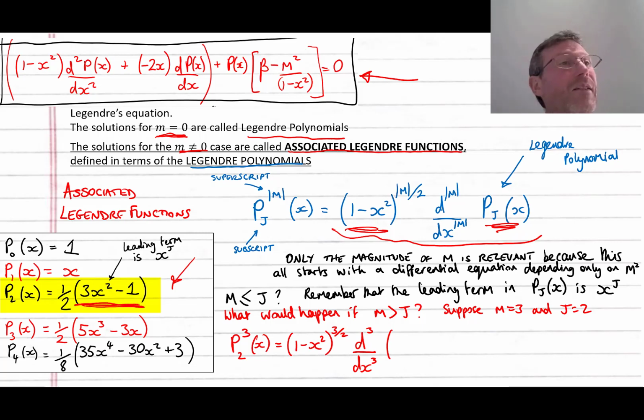So in this, let's just put the half in here and then separate that out. So we've got 3x squared minus 1.